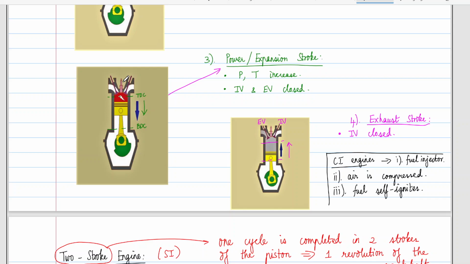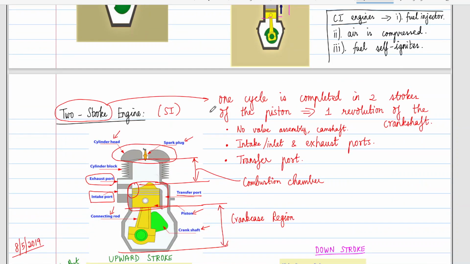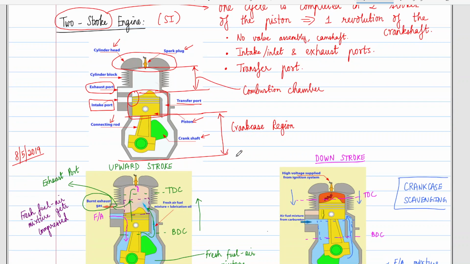There is a timing belt which will make sure that the strokes are synchronized with valves opening and closing, or the other way around, and when to put a spark and things like that. So these are all the processes we are adding in the process of combustion to ensure that we are getting a more efficient engine.